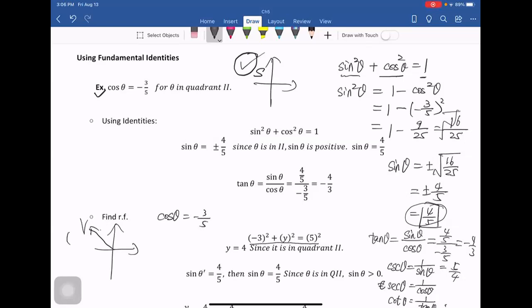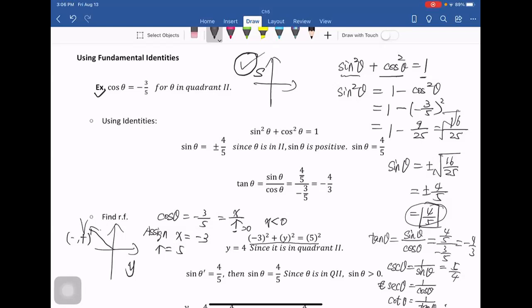In the second quadrant, x is negative, y is positive. Cosine equals x over r, and r is always positive, so x is negative. So assign x equals -3, r equals 5.